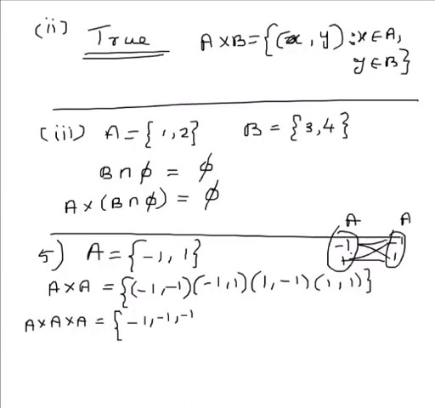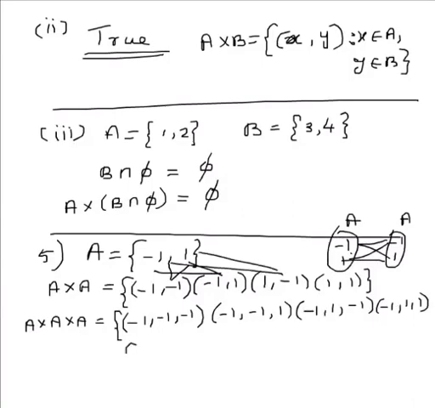Minus 1, minus 1, then minus 1, 1. So I have paired minus 1 with this and this. Then with the next: minus 1, 1, minus 1, minus 1, 1 and 1. Then this and this we will write.